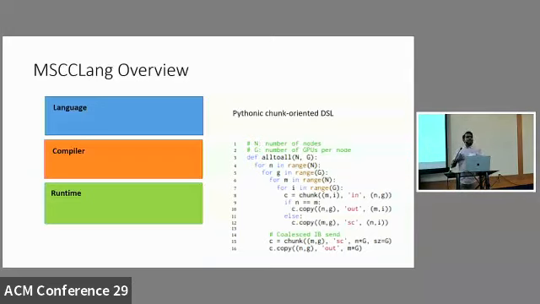What I mean by chunk-oriented is that in the program, you specify what's happening to each chunk while implementing this communication algorithm, as opposed to specifying what each thread or node does. We believe that this is a more natural way of specifying your communication algorithm. It's a sequential program. The correctness is specified by the sequential run of this program. So if you run it, you can actually see what the collective does. You can debug it, and so on.